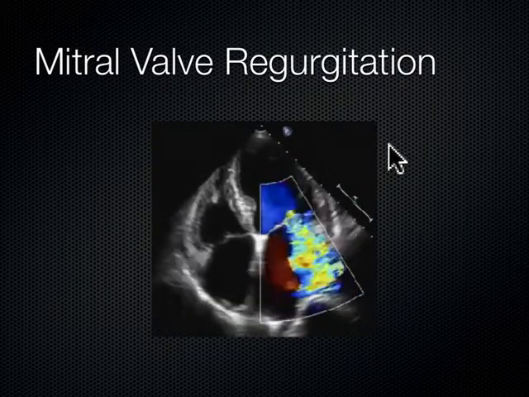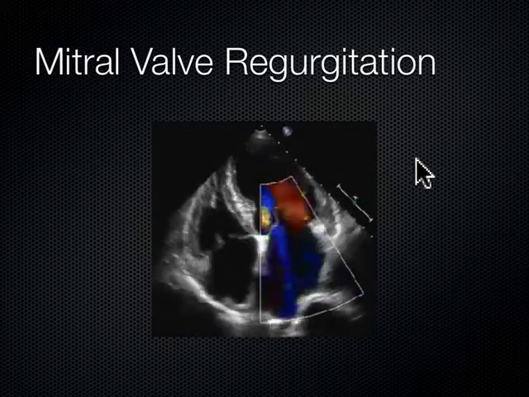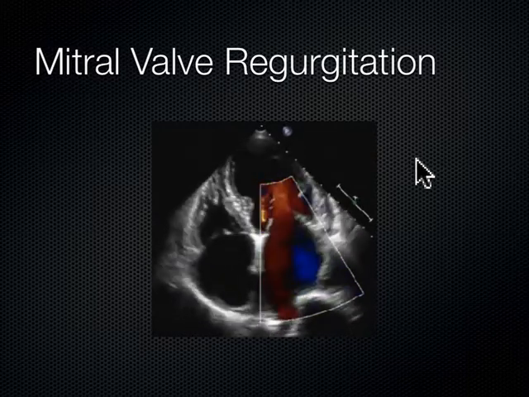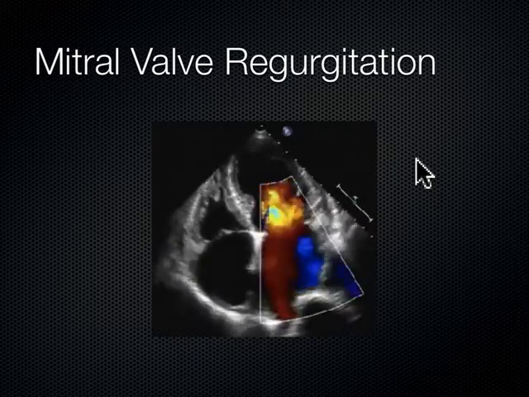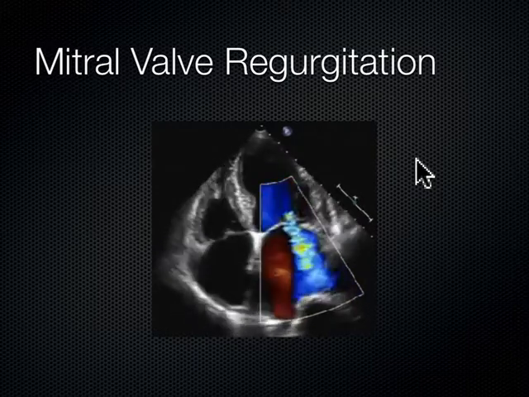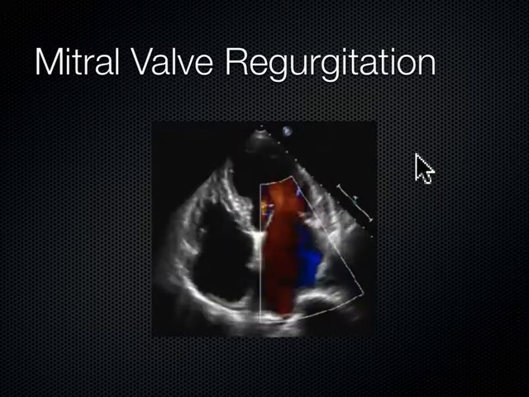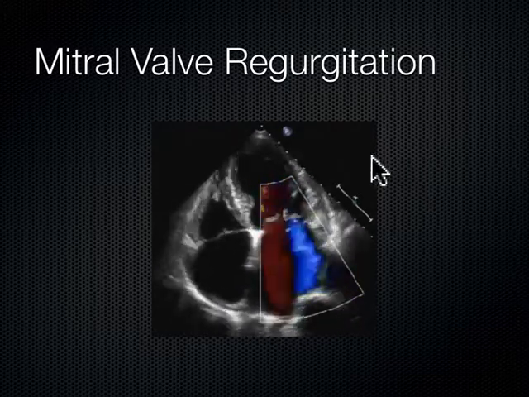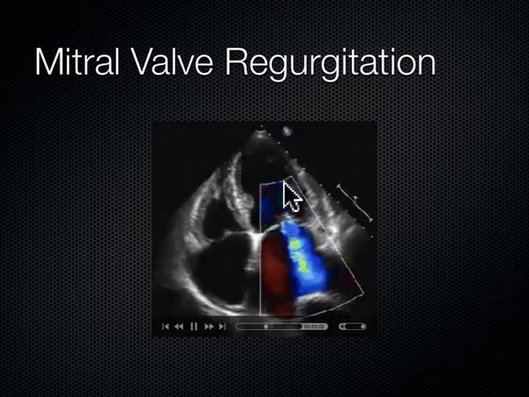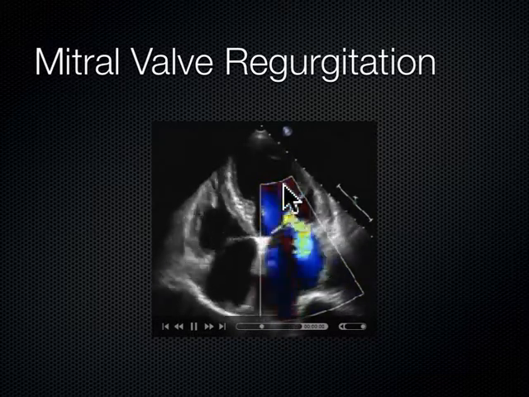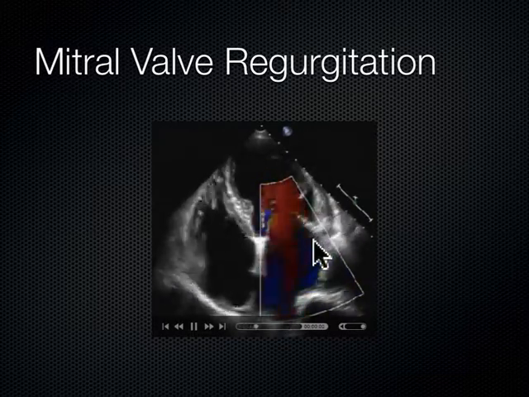Now, during systole, red is flow away from the probe, red is flow, blue away, red towards. I mixed that up. That's one way to remember it. BART: blue away, red towards. During systole, we don't expect to see blood squirting away from the probe back into the left atrium.